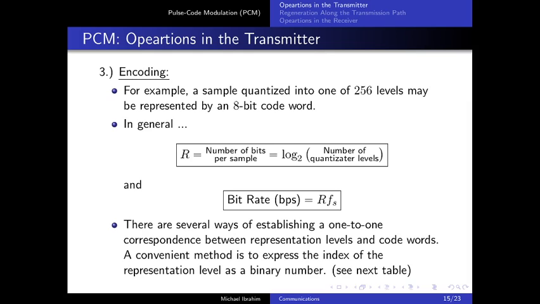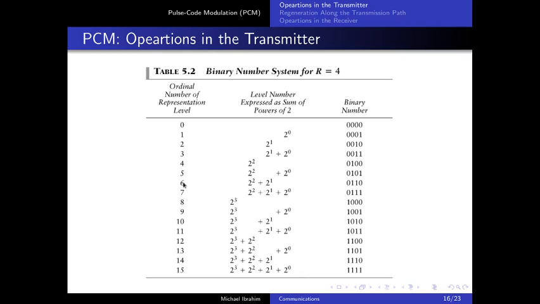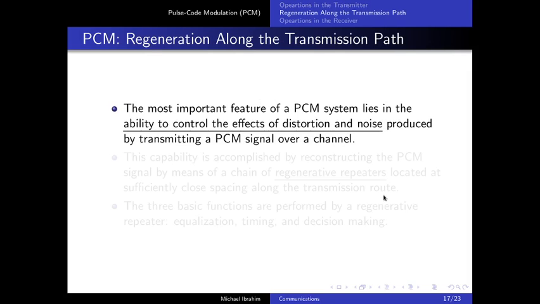If you have level number 3, you would encode it as 0, 1, 1, which is the binary representation of 3. So we are encoding the index of the representation level as a binary number. And this table would remind you of how to transform a decimal number into a binary number. I assume this is a straightforward operation for you guys.